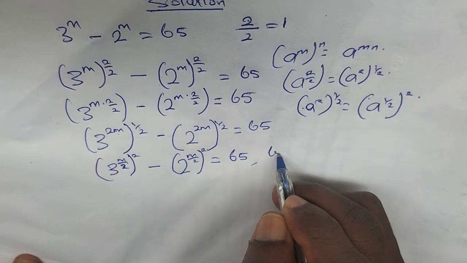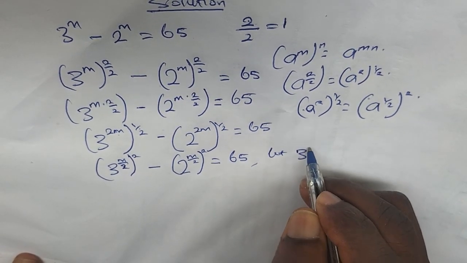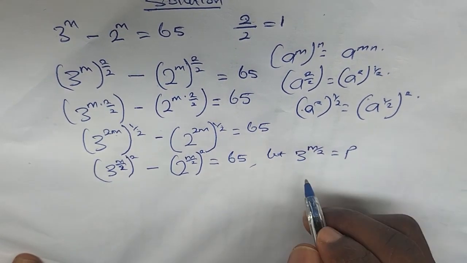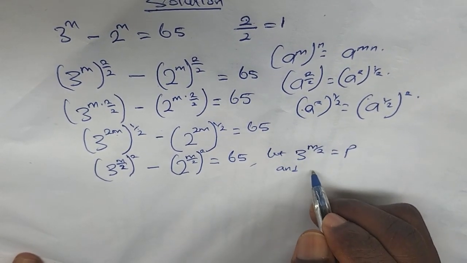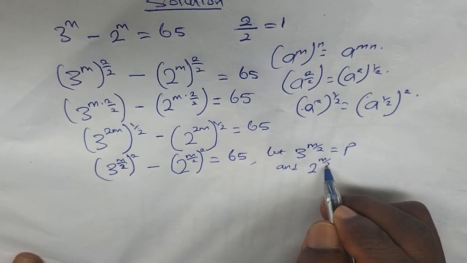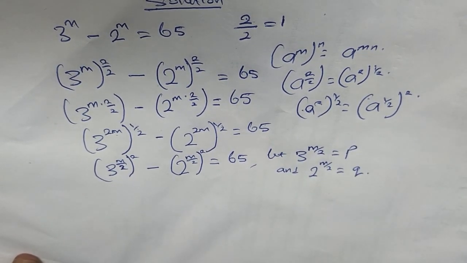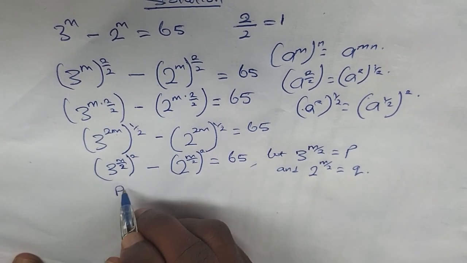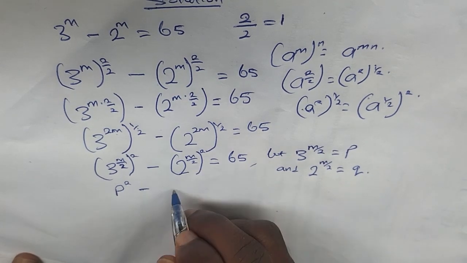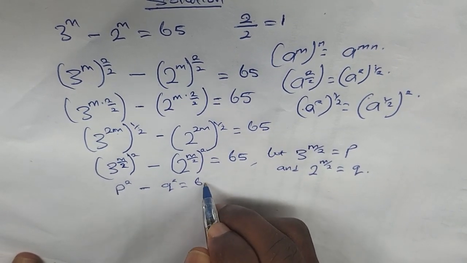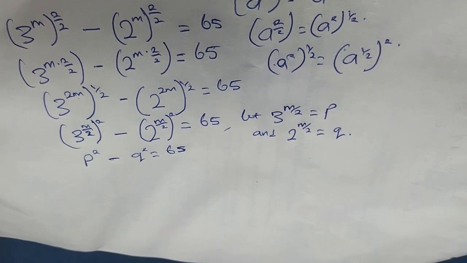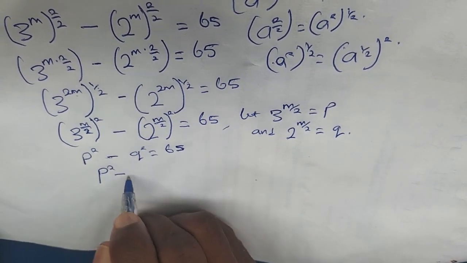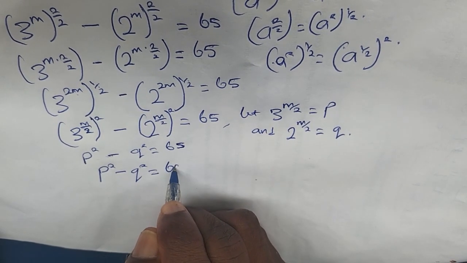So I've gotten this. I can say let 3 to the power of m over 2 equal p, and 2 to the power of m over 2 equal q. So I'm going to write p squared minus q squared is equal to 65.